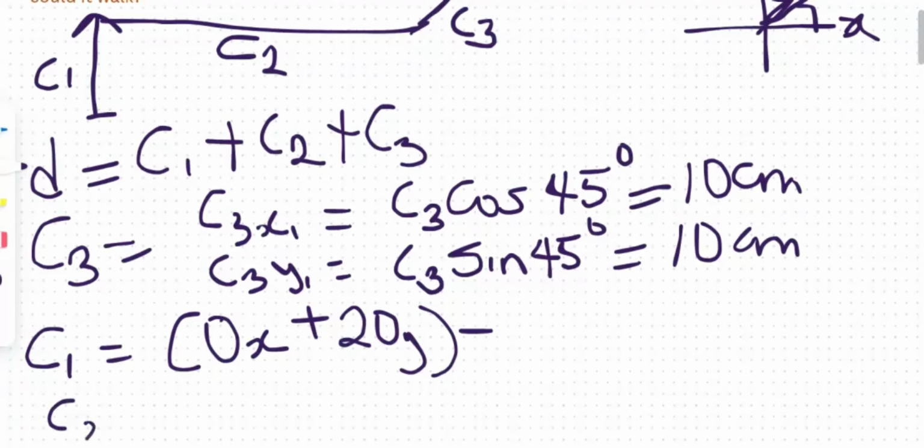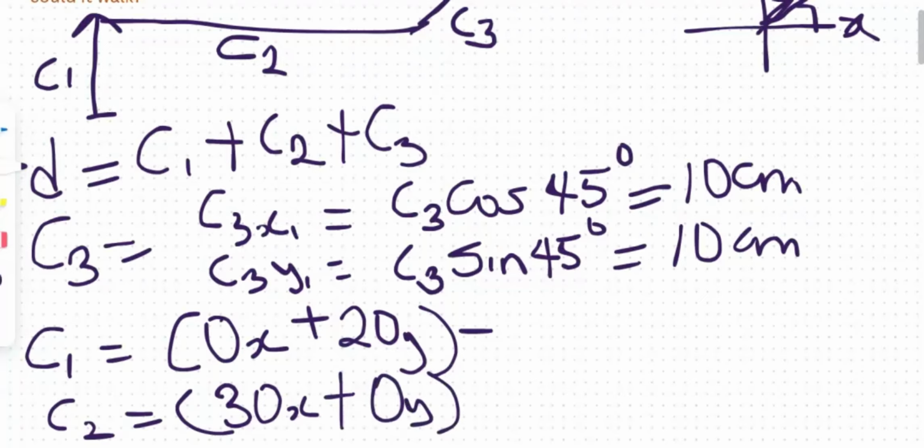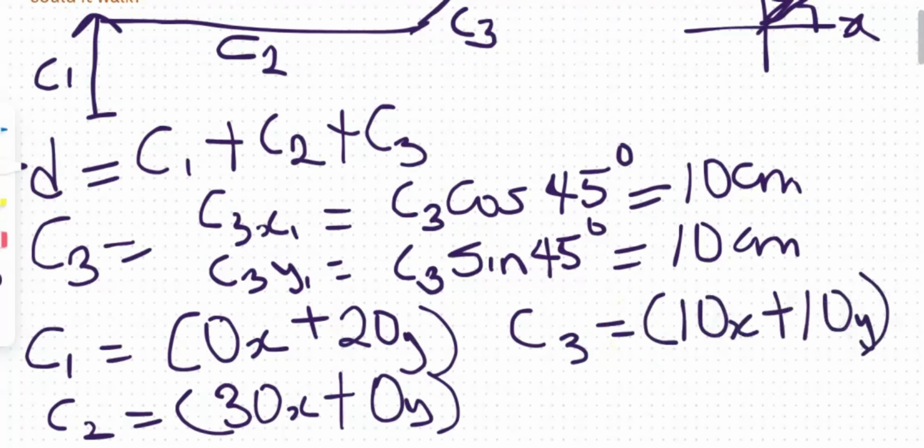Then C2 is going east at 30. That's 30 to the x, it doesn't have a y. Then now C3 is equals to 10 for the x and 10 for the y.